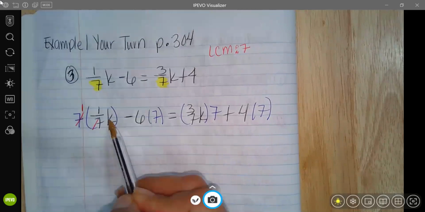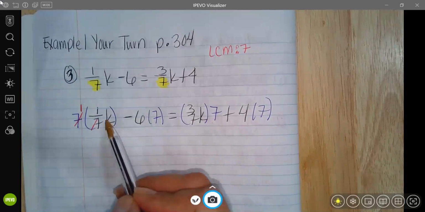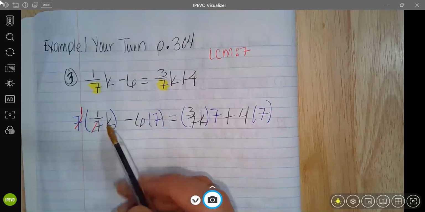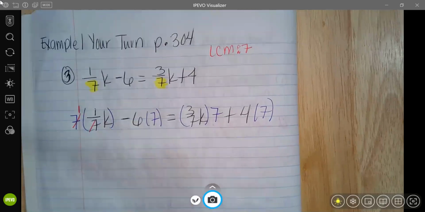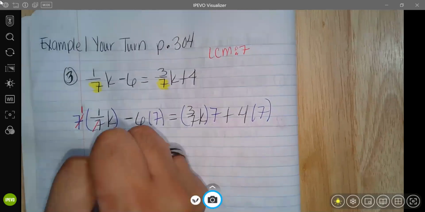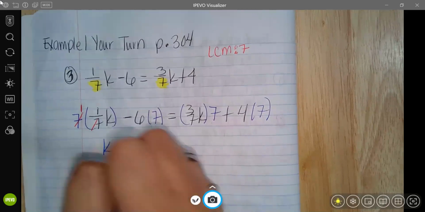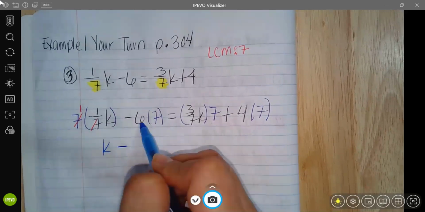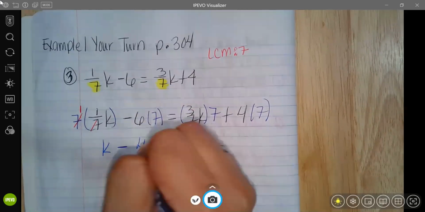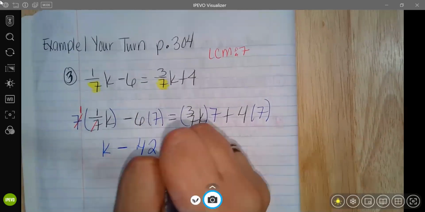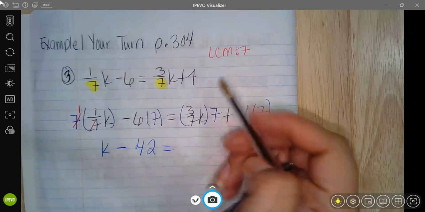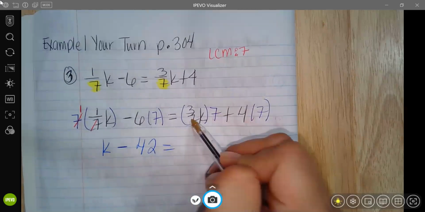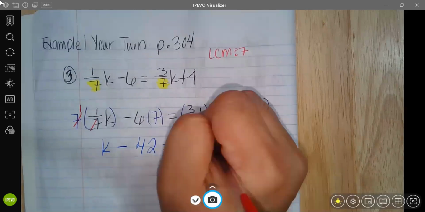Anything times 1 is itself, so that is just left with the letter K, minus 6 times 7 is 42, equals, here we go, 7 divided by 7 gives us 1.